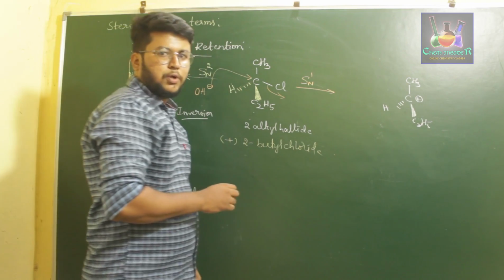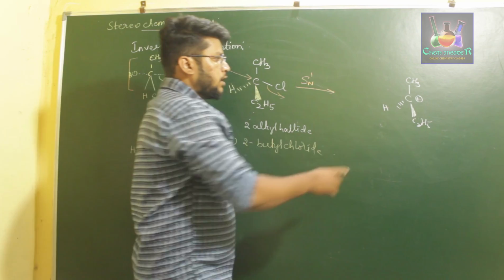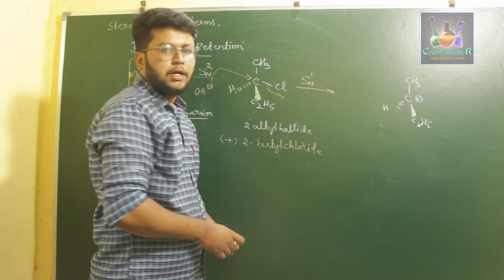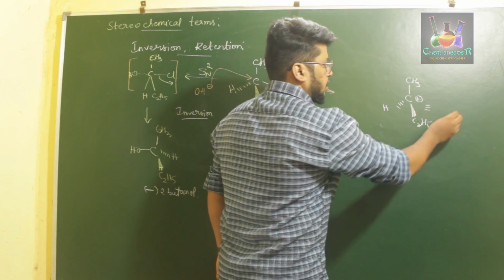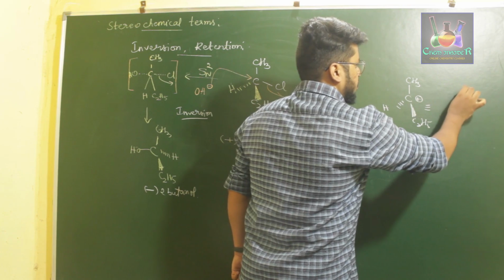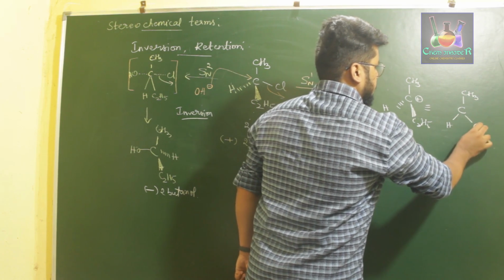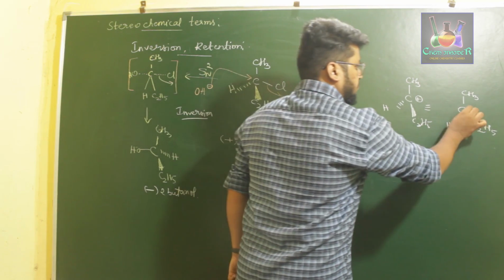This carbocation, which is formed by the SN1 mechanism, will not be in two planes. This is an sp2 hybridized carbon atom and it will lie in one plane. So these three bonds are written like this: CH3, H, C2H5, with a plus charge.